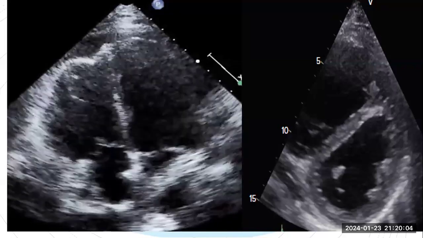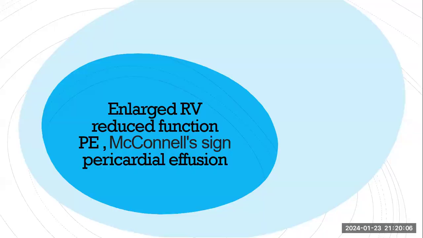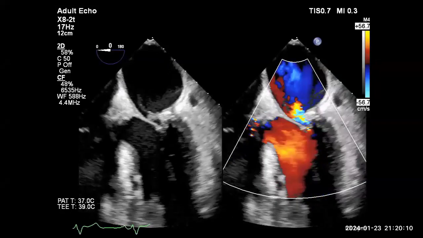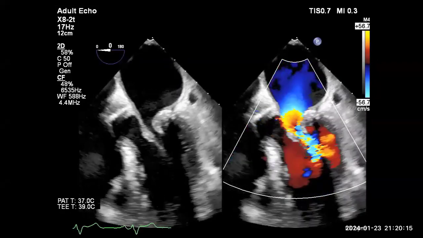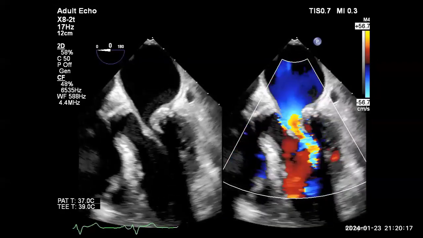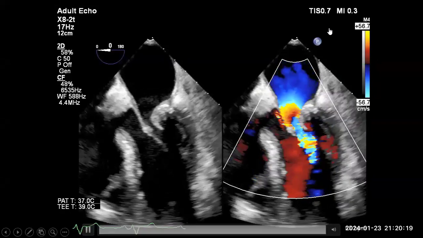Okay. Third one. The next volunteer, take your time, look carefully, and tell me the most important finding here, please.